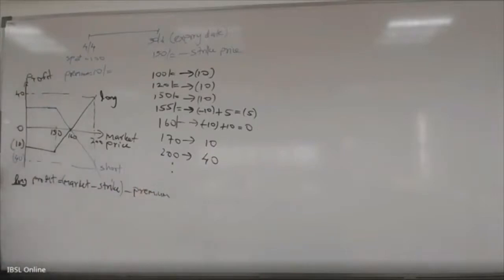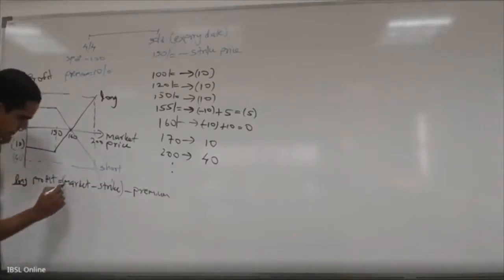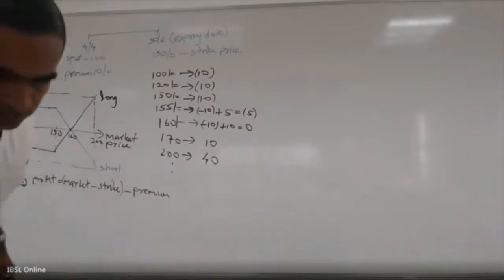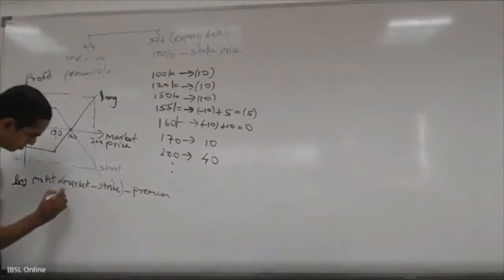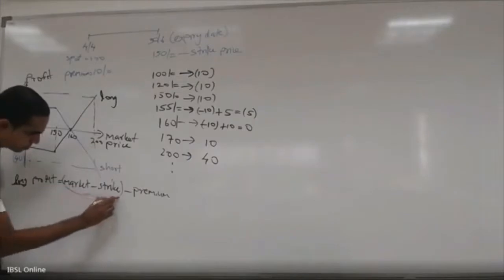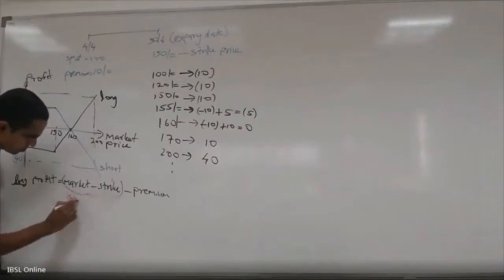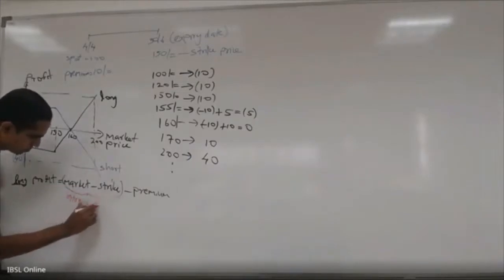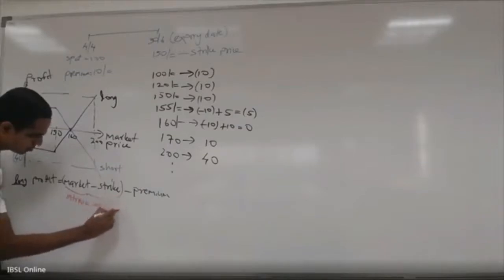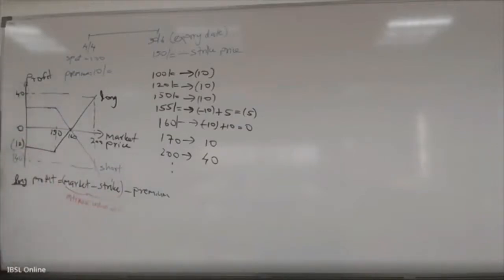Market minus strike minus premium. Market minus strike is called the intrinsic value of an option, which will always be positive. It can never be a negative number. So this is the profit. If you're long, this will give you the profit.